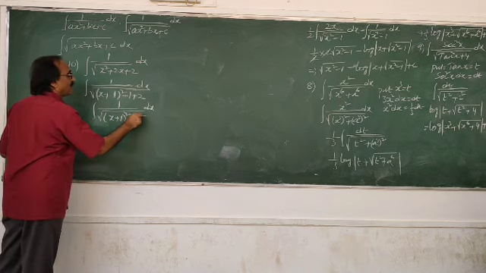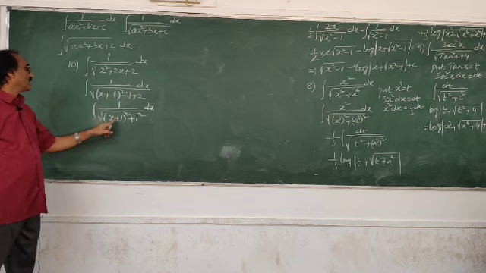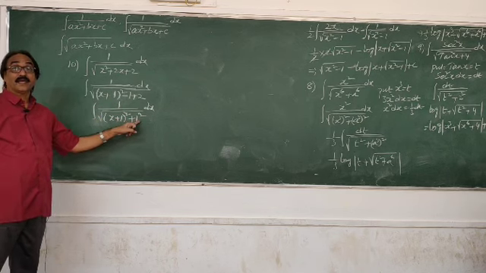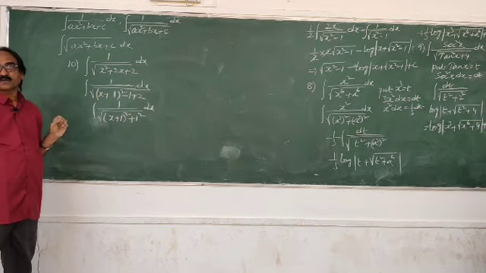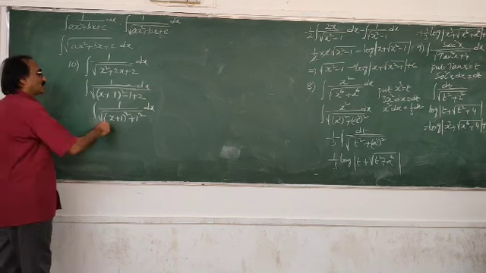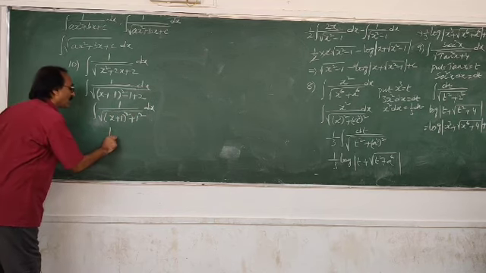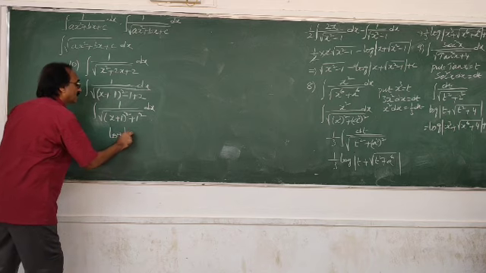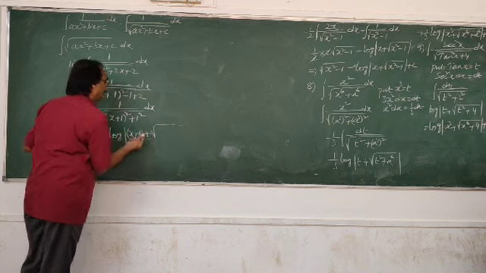Now which formula is it? Integral dx by root of x square plus a square. That formula we have to use. So 1 by root of x square plus a square gives log mod of x, where x means x plus 1, plus root of x square plus a square.